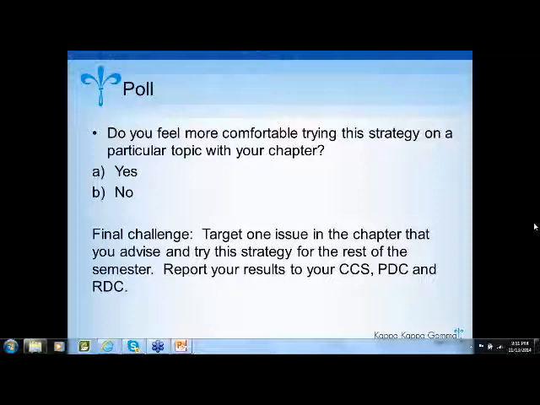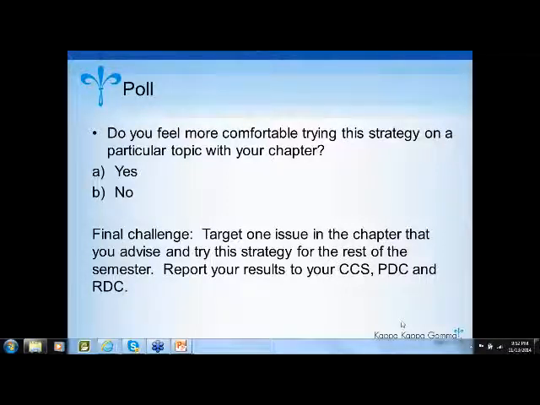So what we'd like to challenge you as an advisor to do is to work with your officers and your chapter council and find one issue in the chapter that you can target, and then try this strategy to engage the middle members.